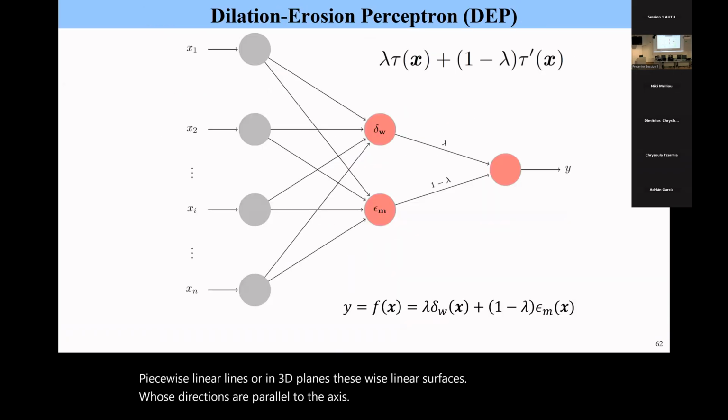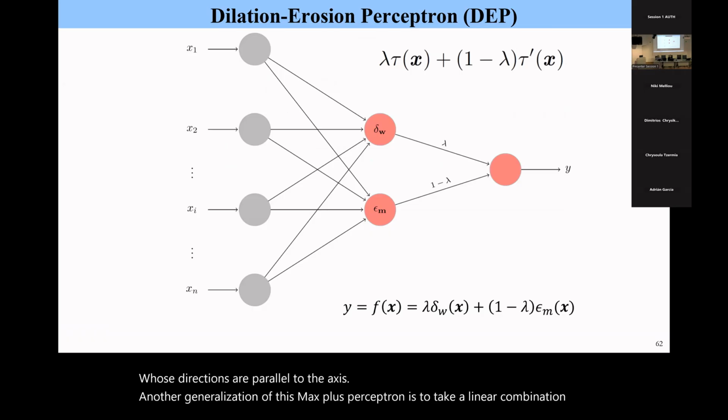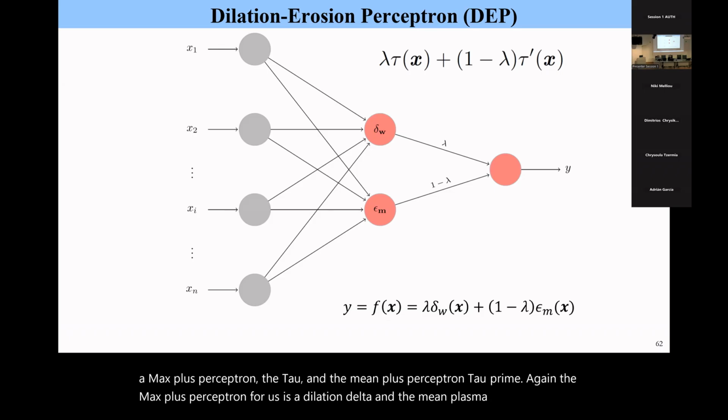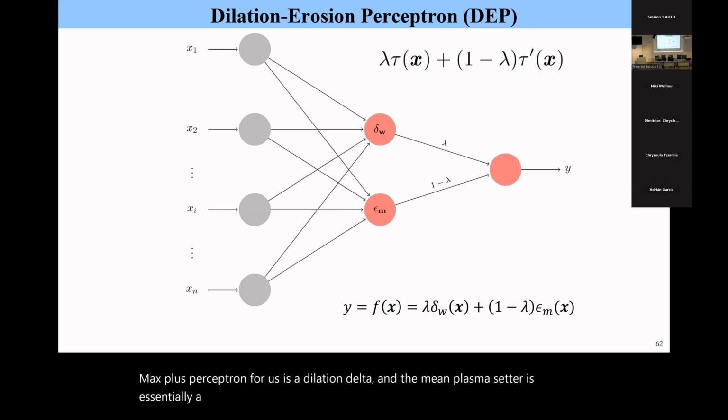Another generalization of this max plus perceptron is to take a linear combination of a max plus perceptron, tau, and the min plus perceptron, tau prime. Again, the max plus perceptron for us is a dilation delta, and the min plus perceptron is essentially a matrix erosion, epsilon. And each one of them has weights.